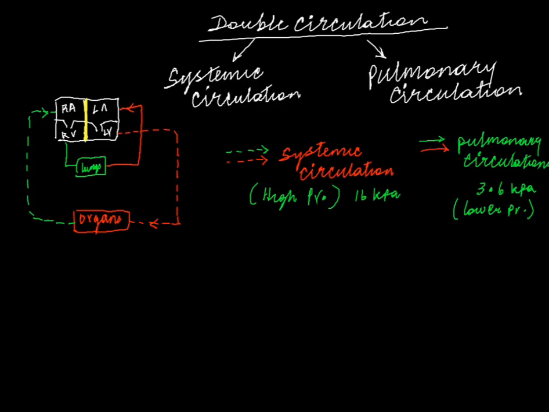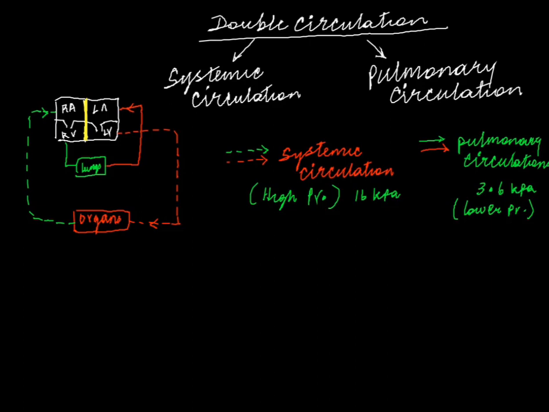And if the pressure in the pulmonary circulation were as high as in the systemic circulation, excess tissue fluid will form in your lungs, and your lungs will fill up with tissue fluid. We call it pulmonary edema, and you'll actually drown in your own tissue fluid. Do you understand this? That's why double circulation ensures that the pulmonary circulation has a lower pressure than the systemic circulation.